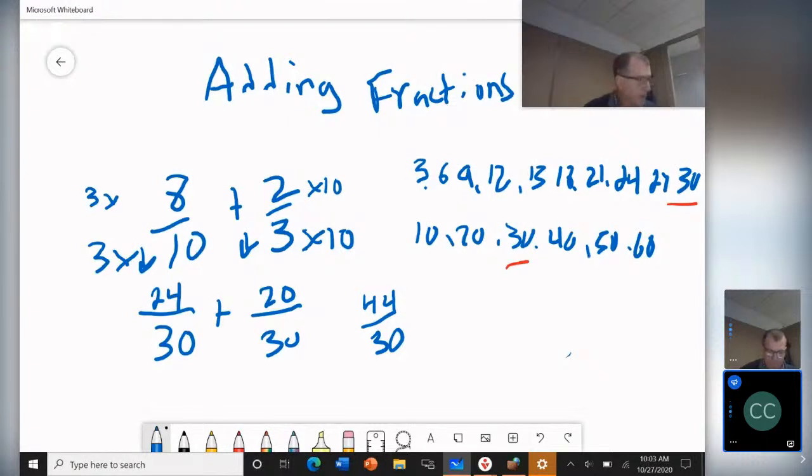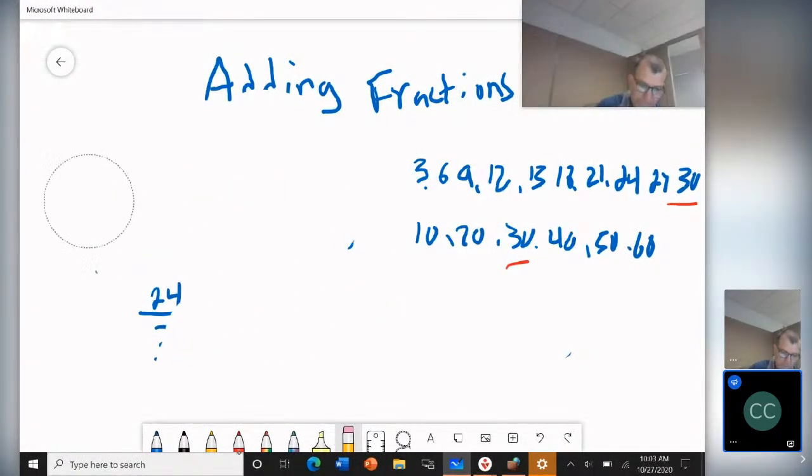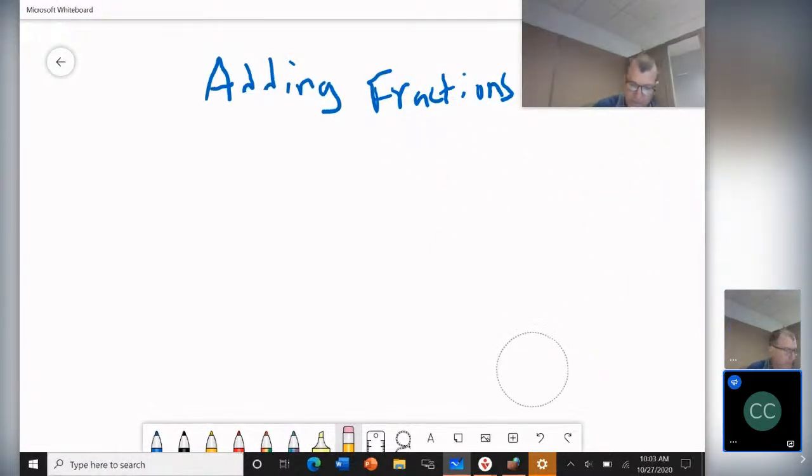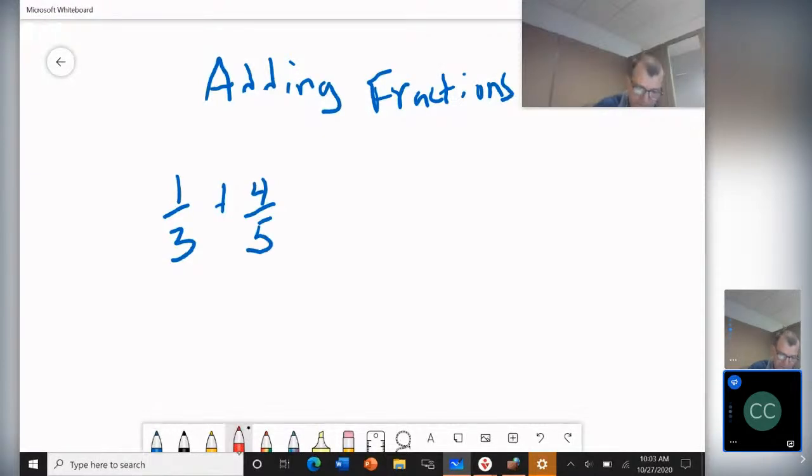So let's do another one. We're going to do 1/3 plus 4/5. We see different denominators, so we have to find a common denominator. Try using that least common multiple.